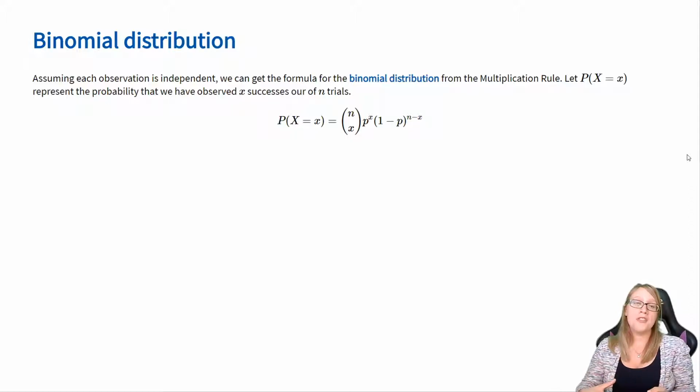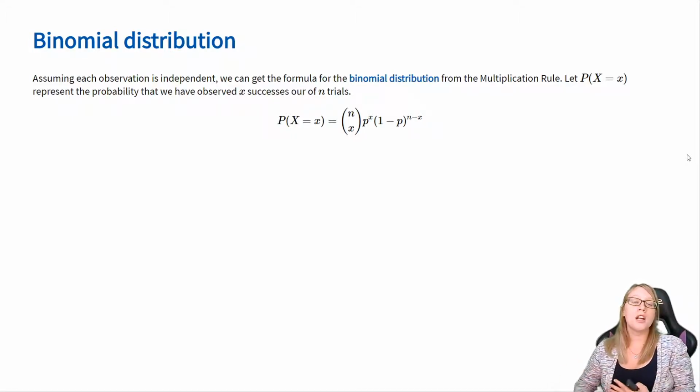Here is what this distribution looks like. So the probability of observing X successes is n choose x, so this is the number of ways that x successes can occur in a sample of n observations, times the probability of success p raised to the x power times 1 minus p, or the probability of failure, raised to the n minus x power.